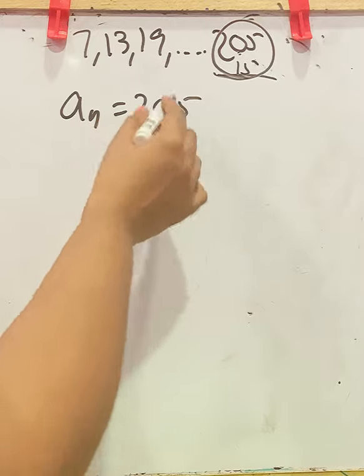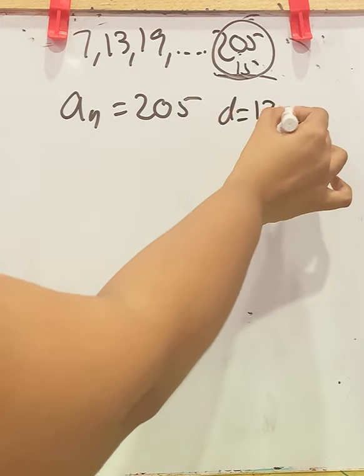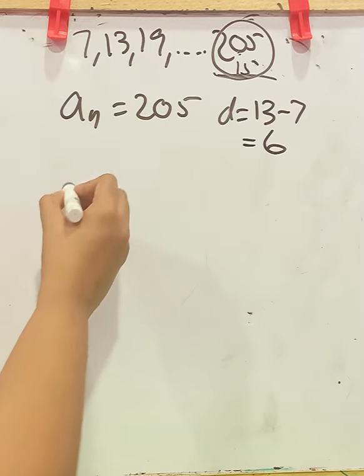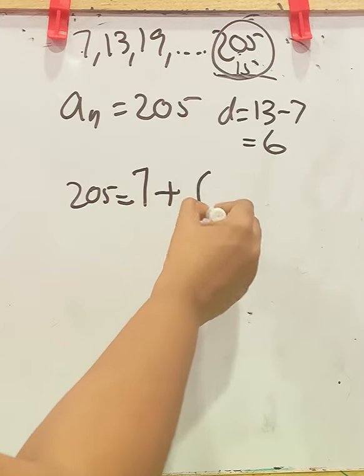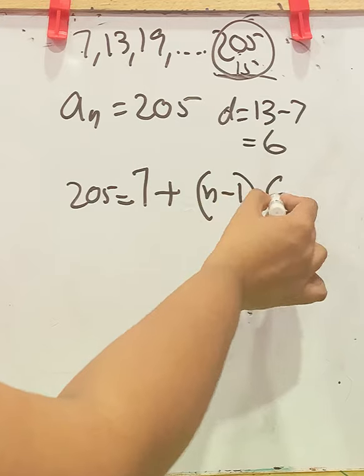So here an equal to 205 and d equal to 13 minus 7 equal to 6. So we will write 205 equal to 7, a plus n, we don't know n, (n minus 1) into d, d is 6.